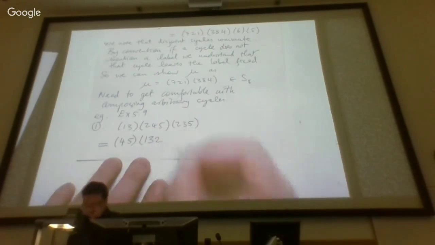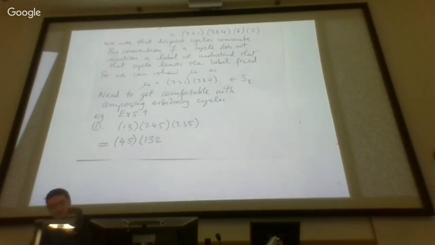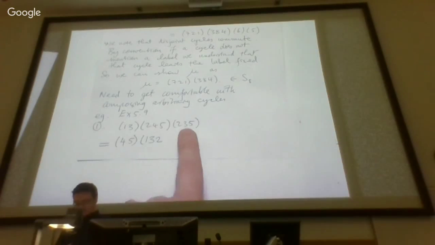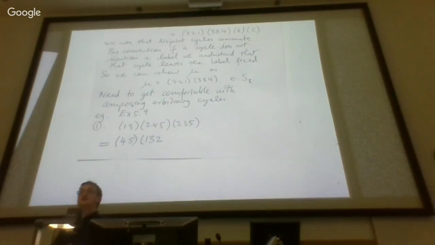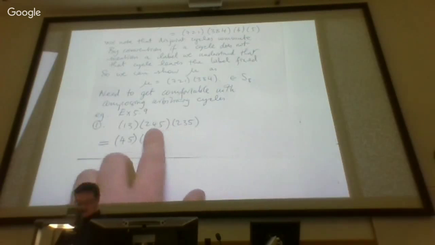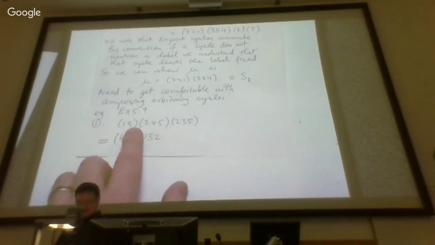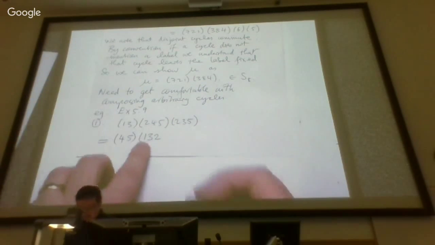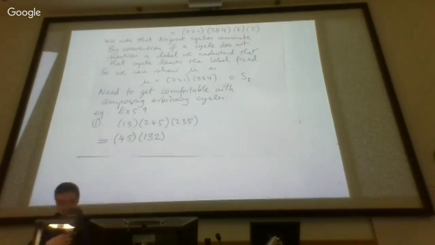So 3 gets sent to 2. Then what happens to 2? 2 gets sent to 3 by the first one, 3 remains fixed, but then 3 gets sent to 1. So 2 gets sent to 1, and that's the closing of that cycle.